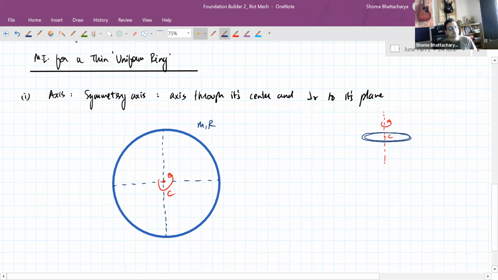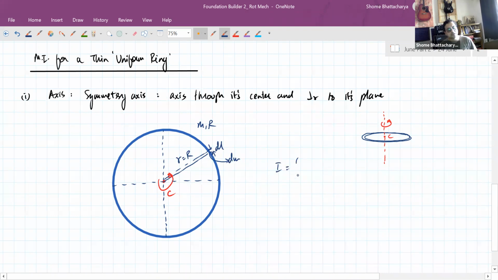That's why this becomes very easy, because now you take any sectional mass dm. You take a section which is of mass dm. It is at a distance of capital R.